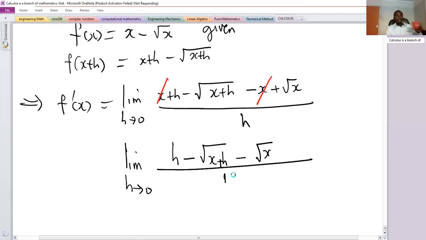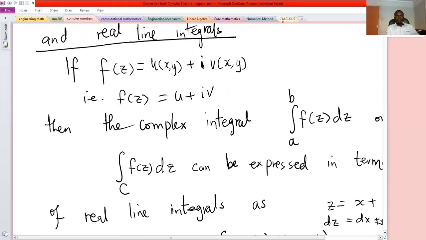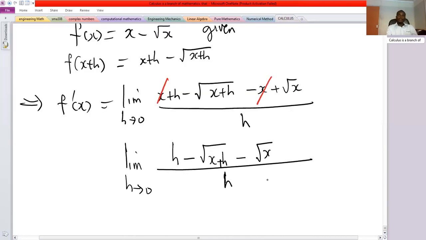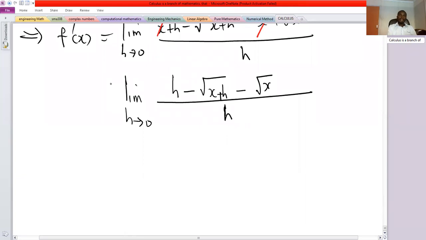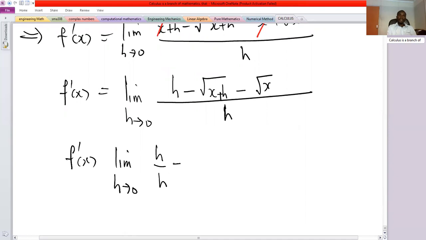So if we have a minus b, the same thing can be written as the limit as h approaches 0 of h over h minus the square root of x plus h minus the square root of x, divided by h. Actually, I can do this.